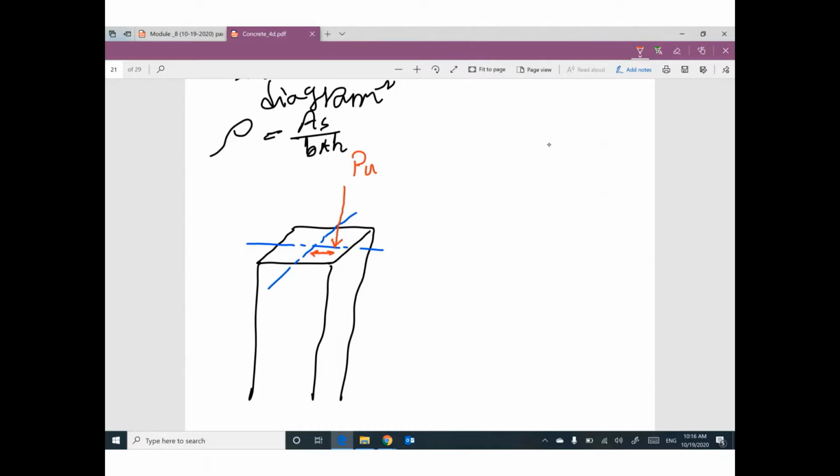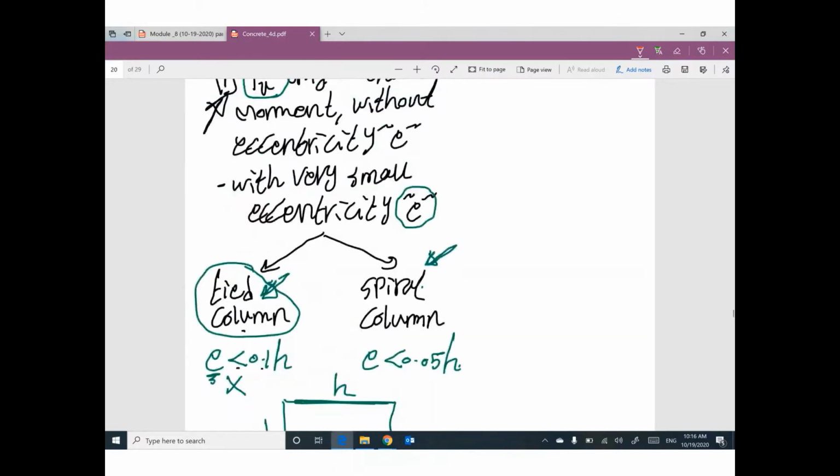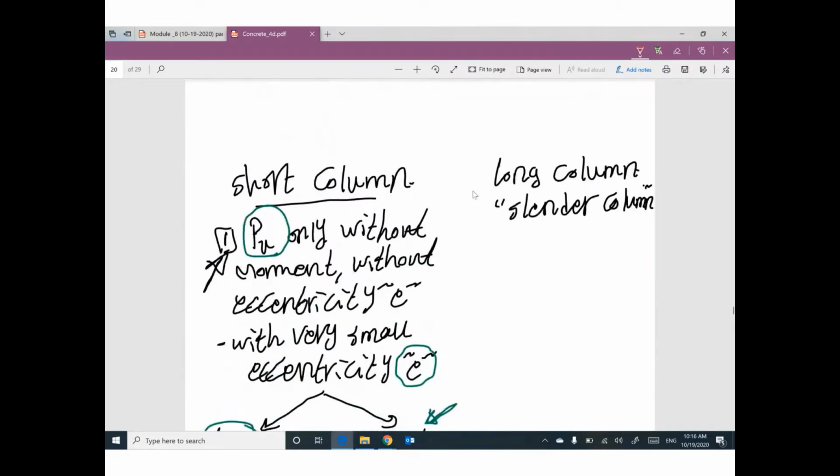This is the meaning of eccentricity. This eccentricity will cause moment. And the relationship between this moment and this P ultimate: M ultimate equals P ultimate times eccentricity. Force times distance equals moment. Any question so far? Guys, do you have any questions so far?